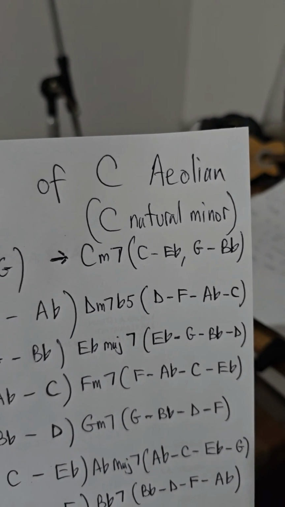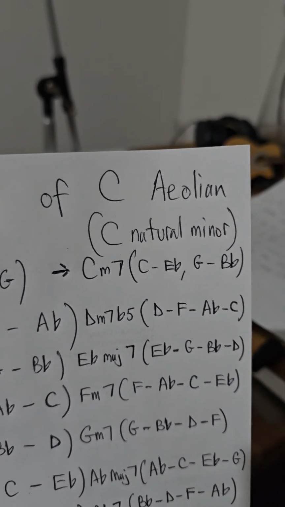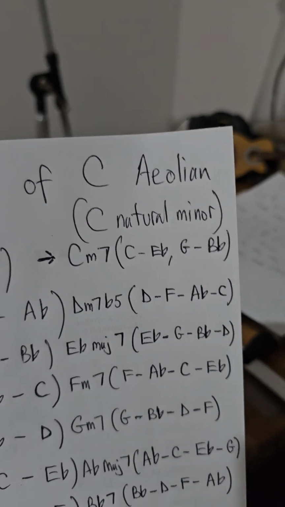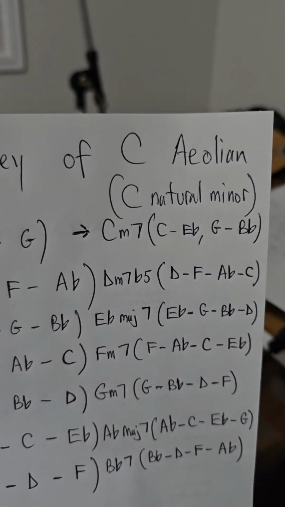C minor seventh gives it a more jazzier sound. So you have C, E flat, G, and then you have the B flat, which is your extra note, or the seventh.